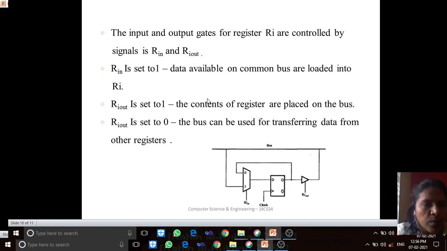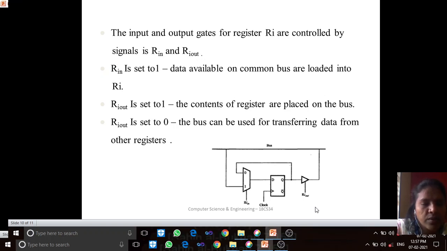If RIN is set to 1, data available on the common bus is loaded into Ri. If Ri out is set to 1, the contents of the register are placed on the bus. If it is set to 0, the bus is used for transferring data from other registers. The detailed circuit for RIN and ROUT is given in the diagram here using a D latch.